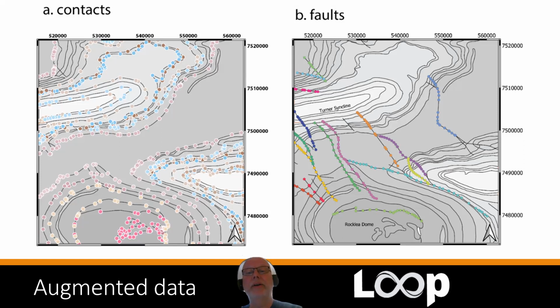On the right-hand side, we have the faults, and here you can see we're ignoring some faults because we've made a decision to model the longer faults, and that's the sort of thing that's easy to do when you have an automated process.